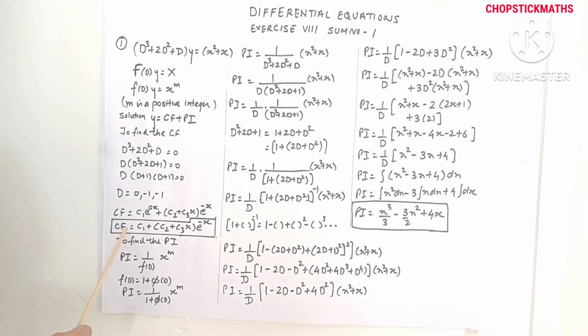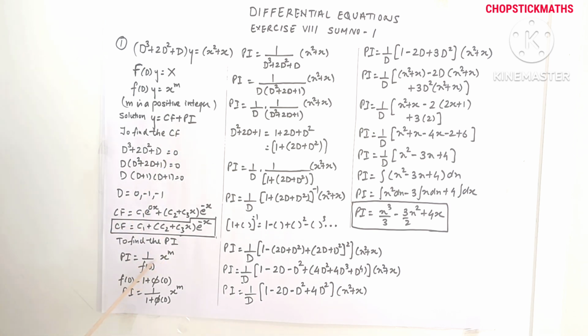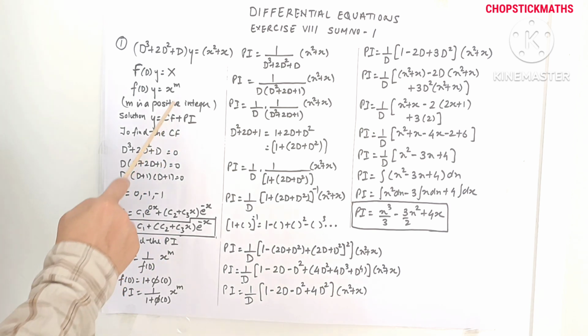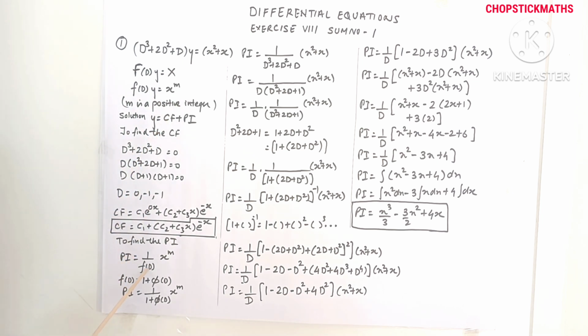This can now be written as, since e raised to 0x is 1, (c1 plus c2 plus c3x) into e raised to minus x. Now let us proceed to find the particular integral, PI. The particular integral for this type of differential equation is PI is equal to 1 upon f of D into x raised to m.